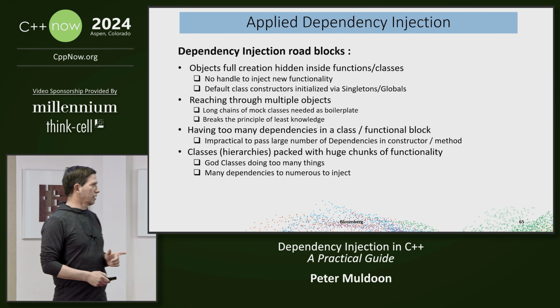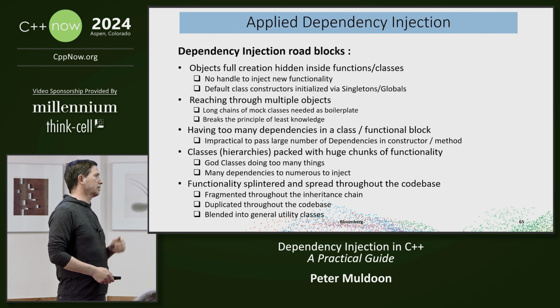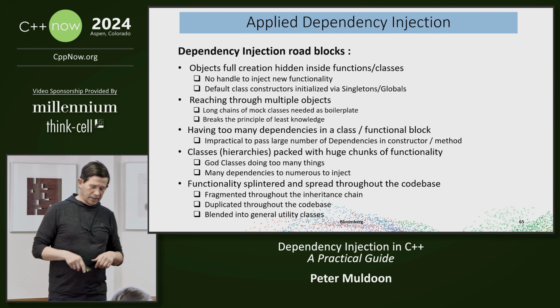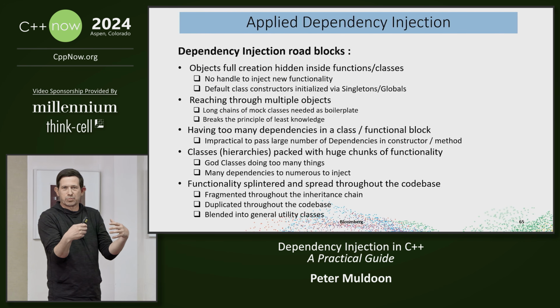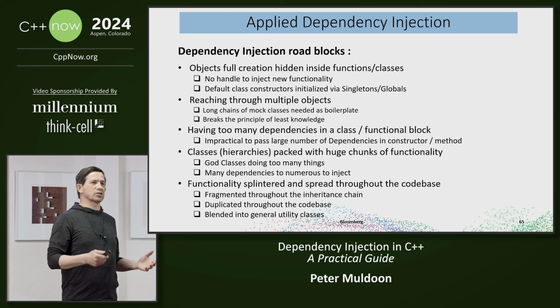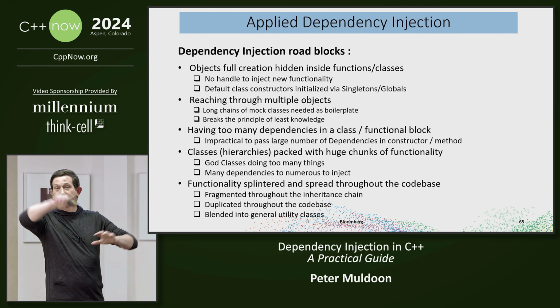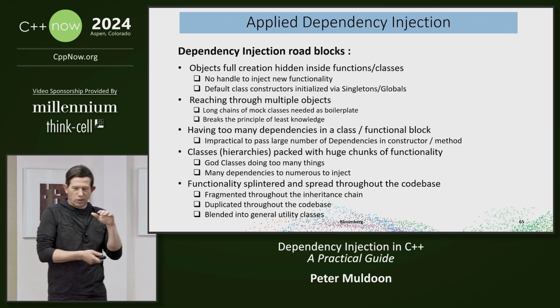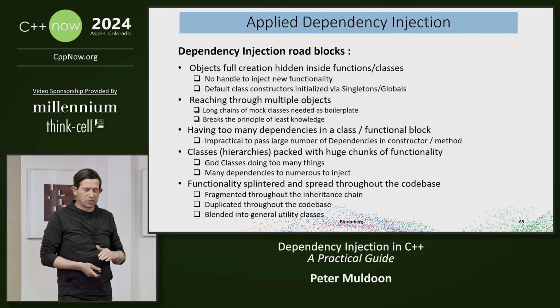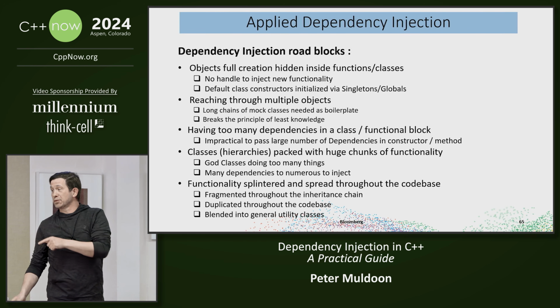All right. Now, the other thing I seen happening was we get functionality splintered. So in one case, we have all the functionality packed in one spot. The other thing is the inverse of that, where the functionality is fragmented all over the place. All right, so there's a function calling pieces that it needs to do its operation, and they're split everywhere.